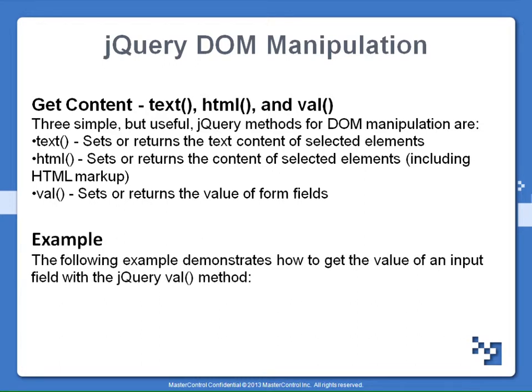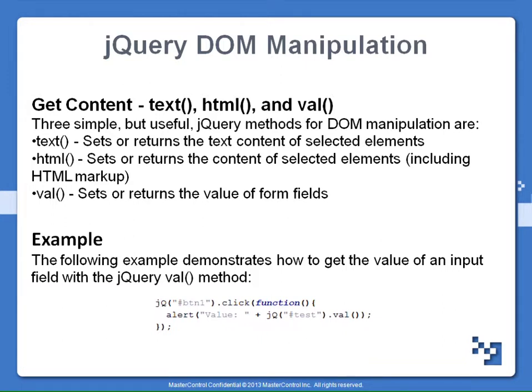Okay, so the following example demonstrates how to get the value of an input field with the jQuery val method. Now, this part is an alert. This is part of jQuery and JavaScript. It pops up those annoying pop-up messages that we all know and love.